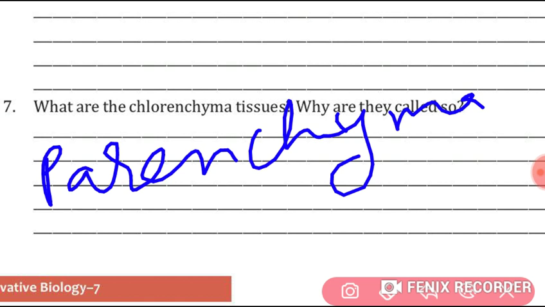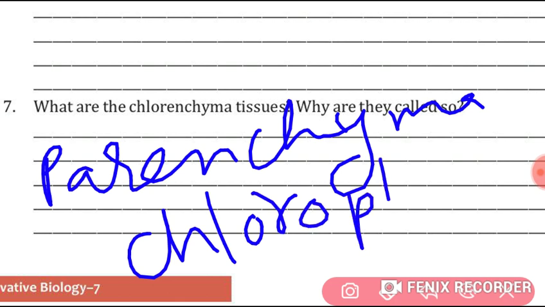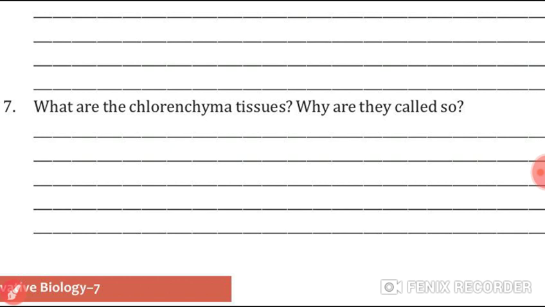when parenchyma cells contain chloroplast, C-H-L-O-R-O-P-L-A-S-T-S, comma, they are known as sclerenchyma tissues.